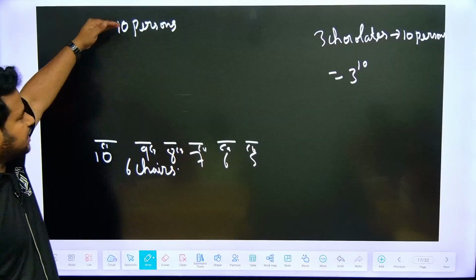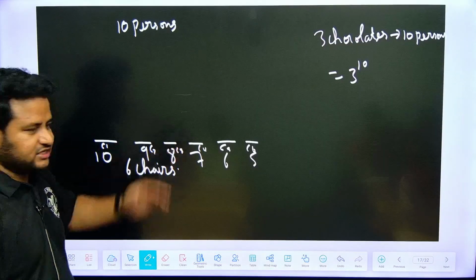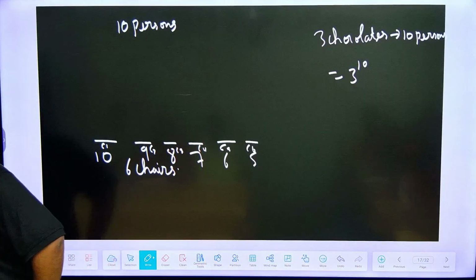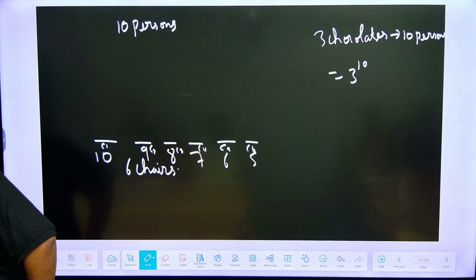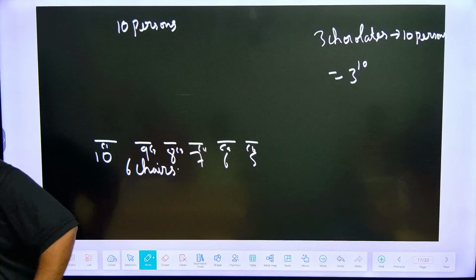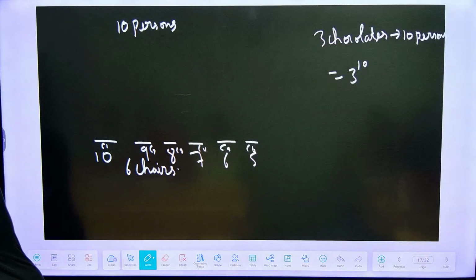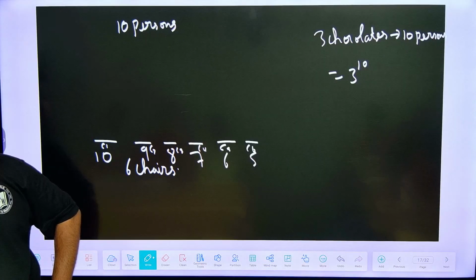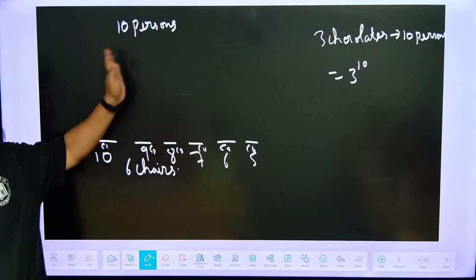If I talk about 10 persons, I have to accommodate 10 persons in 6 chairs, what should I do? Think correctly. Did you understand or not? There are 6 chairs, 10 persons.